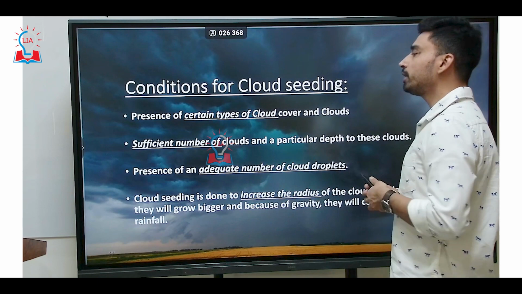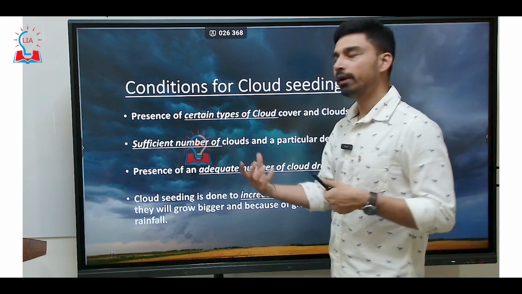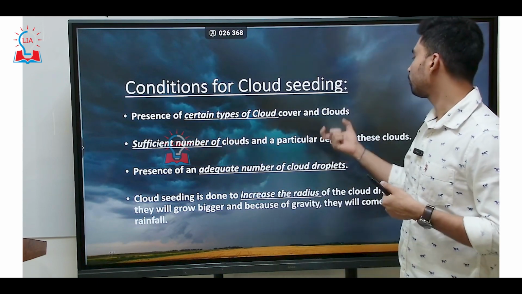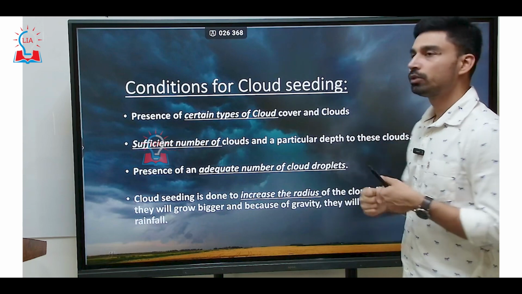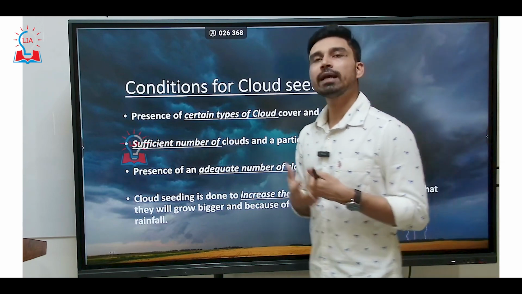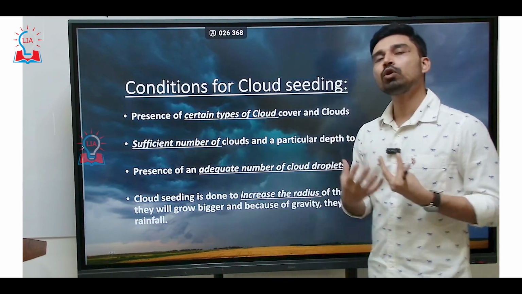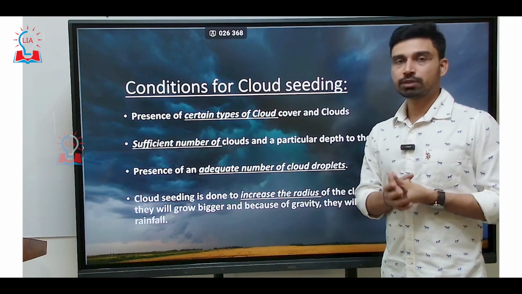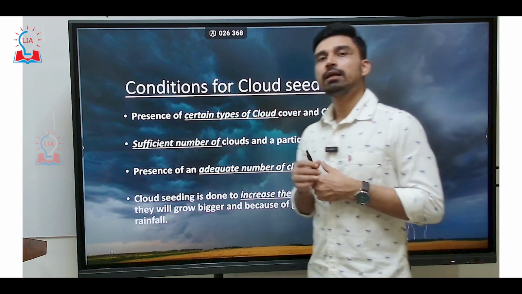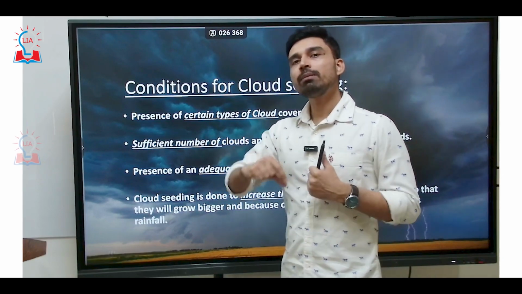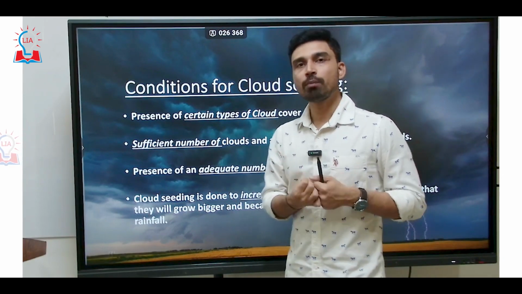The second condition identified is that there should be a sufficient number of clouds and a particular depth to the cloud, because cloud seeding cannot work if there is little water vapor in the atmosphere. Cloud seeding works only because the water vapor is able to condense around the hygroscopic nuclei.